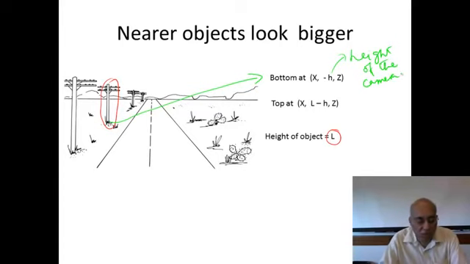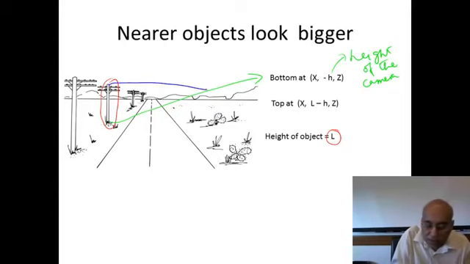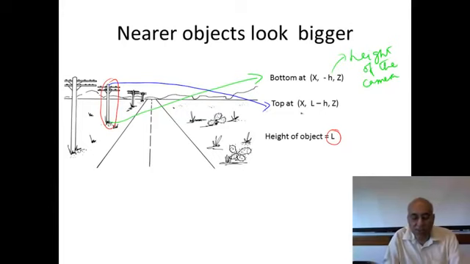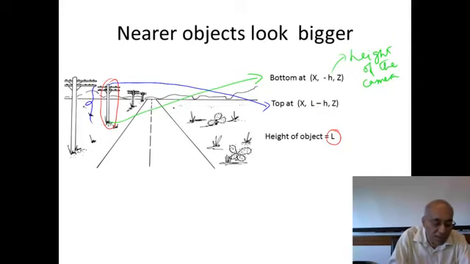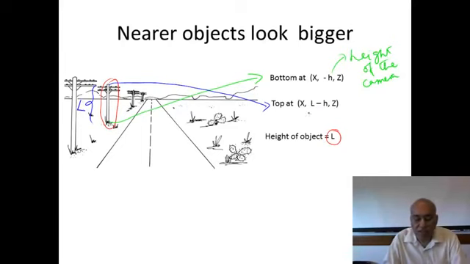Okay, so what's the top of the point going to be? So let's consider this location. So it's the same x coordinate, the same z coordinate, but the y coordinate is different and it's larger by L. So L is the height of the object. So this height is L. So that gives us the following equation for the top of the object. And now things are pretty straightforward. We just have to derive what the bottom projects to.